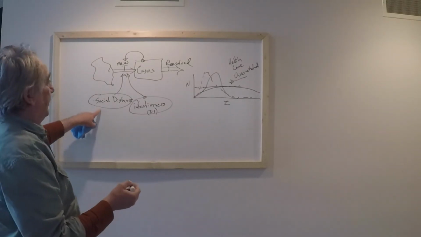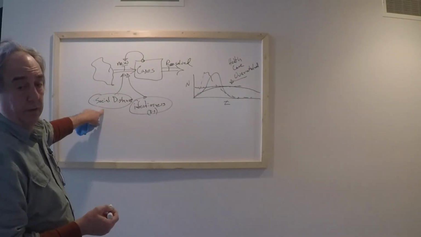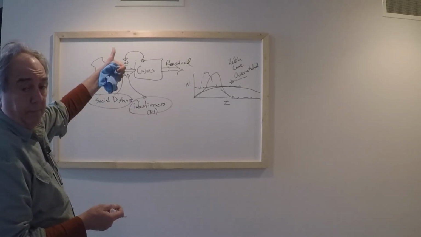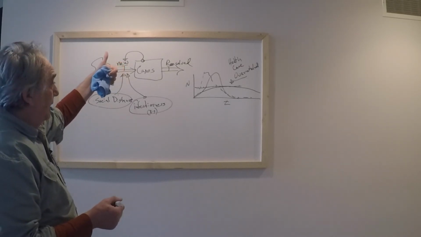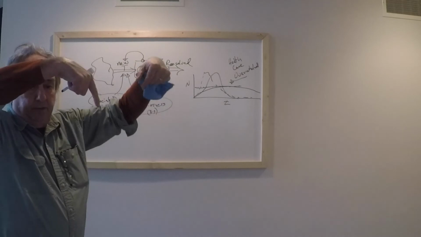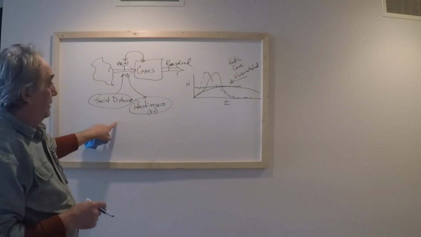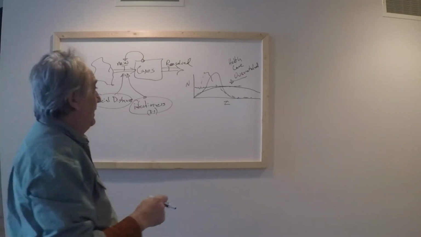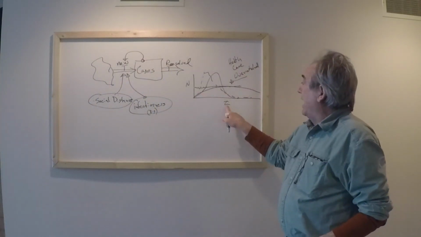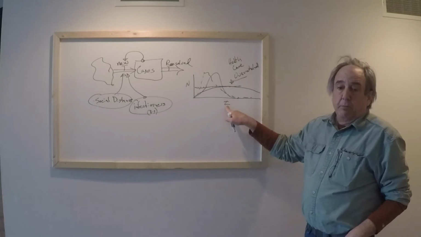The real thing is that as this social distance goes up, the rate of spread goes down. So we have a negative correlation. And as the rate of spread goes down, there's more time.